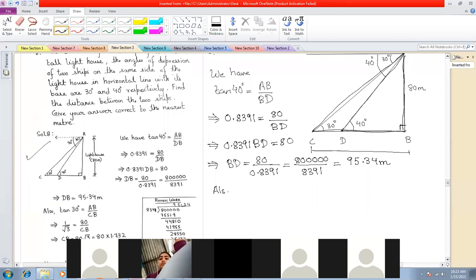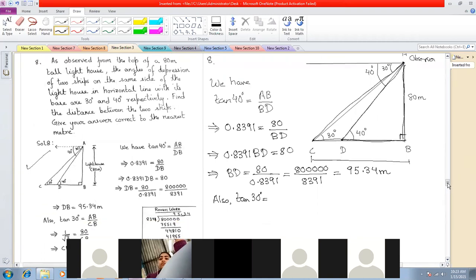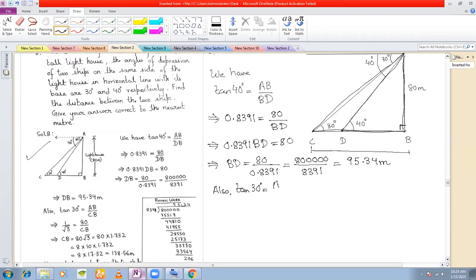Also, tan 30 is equal to AB by BC. And you know tan 30 to be 1 by root 3. AB is 80 and this is my BC. So that means BC is 80 root 3.